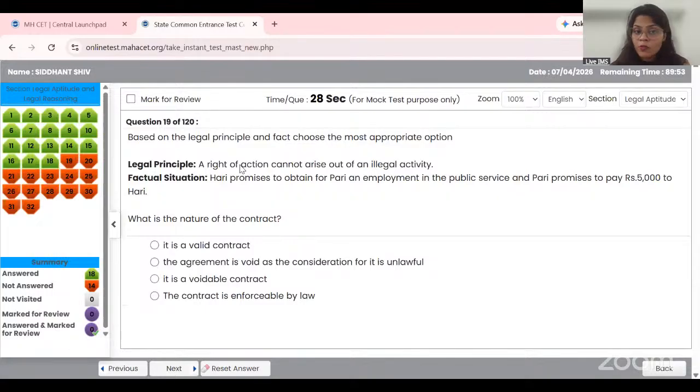A legal principle is given here. So we have to answer this factual situation on the basis of this legal principle. It is stating that a right of action cannot arise out of an illegal activity. So if somebody is doing an illegal activity, then that person will not get a right of action. Okay. So Hari promises to obtain for Pari an employment in public services, means government job, and Pari has to pay certain amount for that.